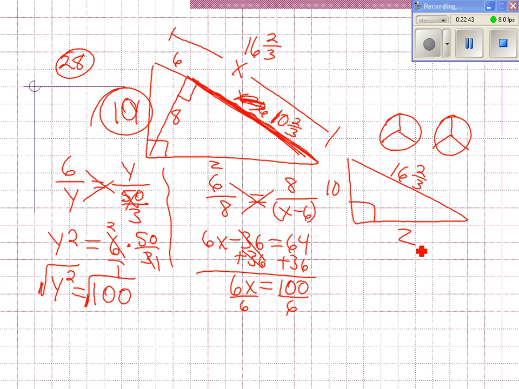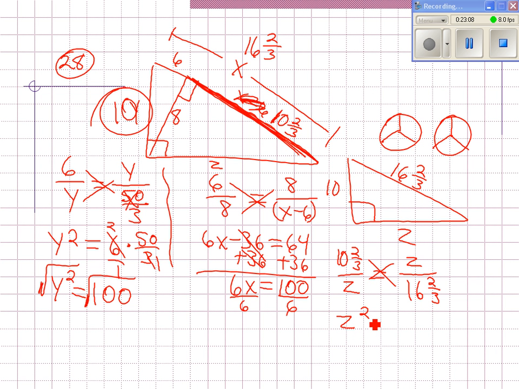If you wanted to set up the proportion, if we're finding z, that's a leg, so z goes here, z goes there. Part hooked to z is 10 and 2/3. The whole hypotenuse is 16 and 2/3. Probably don't want to do it this way because of all the fractions.